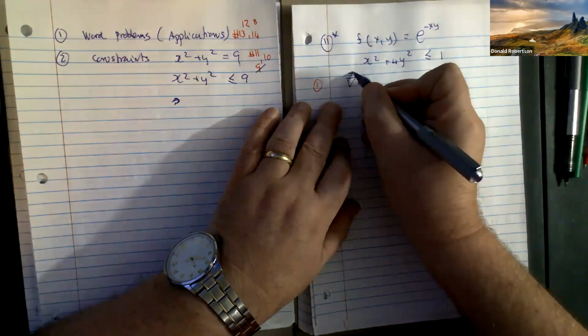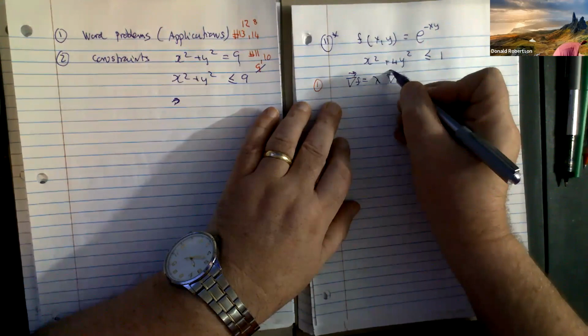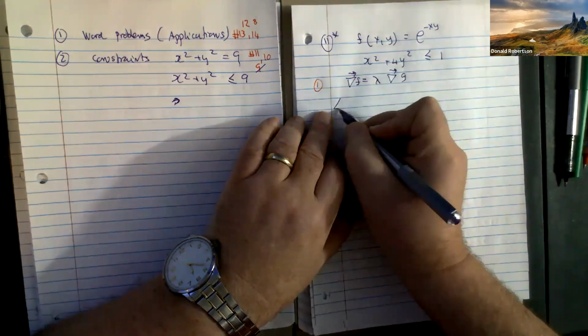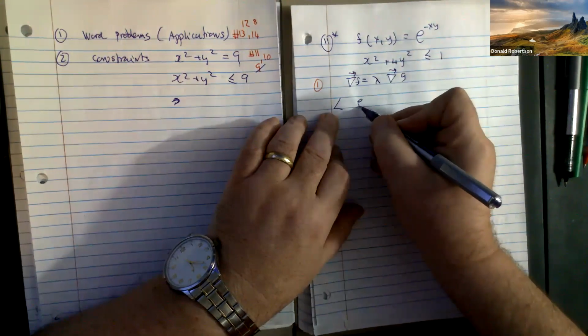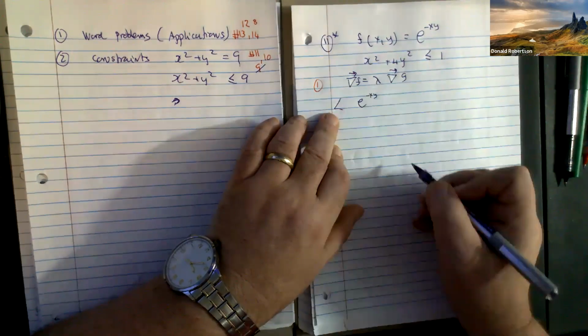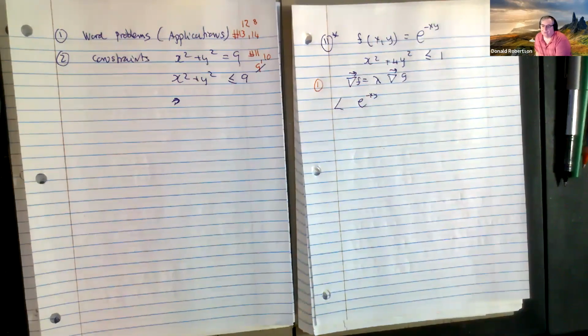So the gradient of f is going to be lambda times the gradient of g. If you differentiate this guy with respect to x, you do get e to the negative xy, but you get something else as well. If you differentiate e to the power of negative xy, what else do you get?